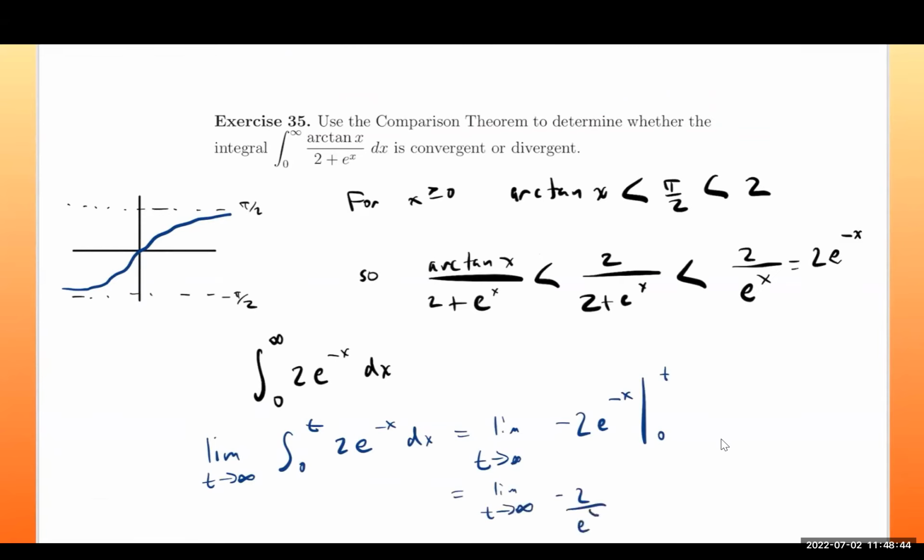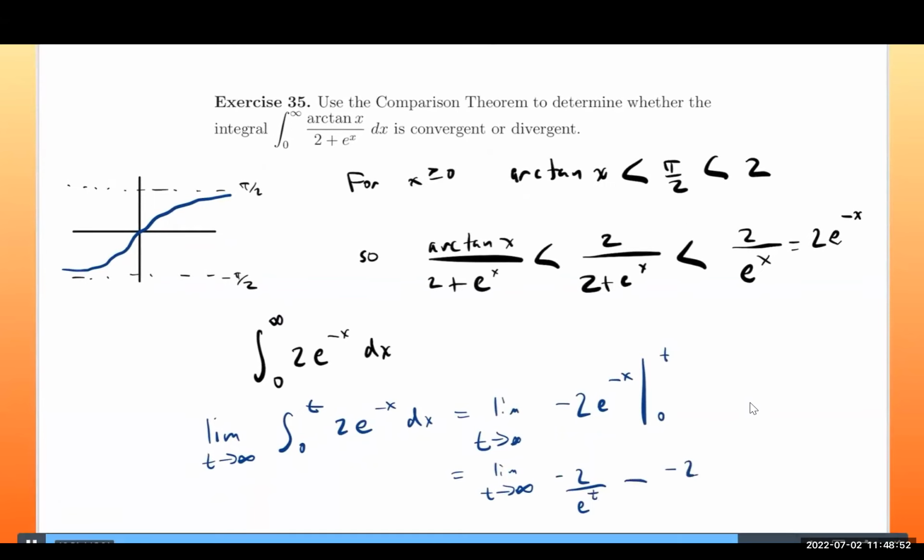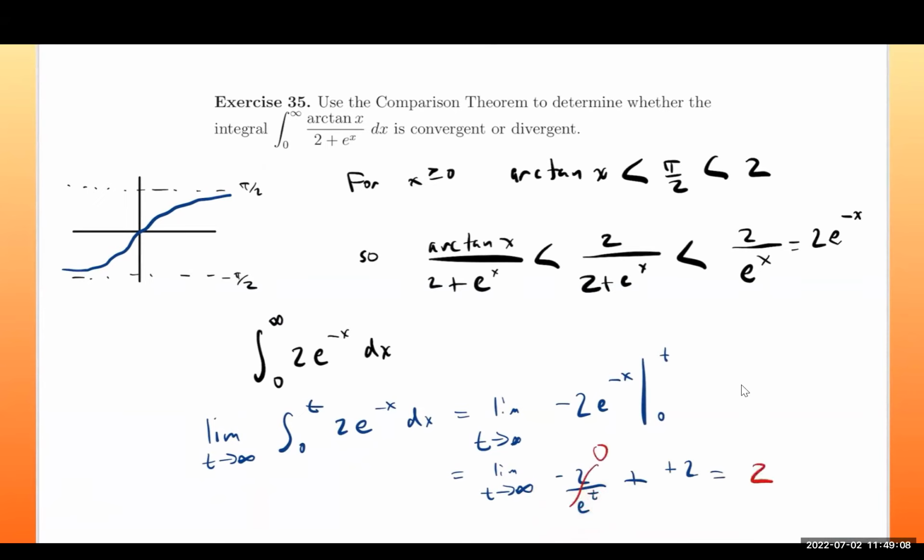Substituting t will give us negative 2 over e to the t, I'm just rewriting it in the denominator because of the negative exponent, which you're allowed to do, minus negative 2e to the 0, which is just 2. Double negative becomes positive. And notice that if you plug in infinity for t, you're going to have negative 2 over infinity, which approaches 0. So this entire term becomes 0, so your final answer is 2, which means it converges, which means it's convergent.